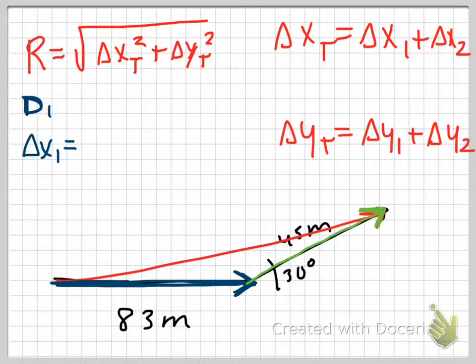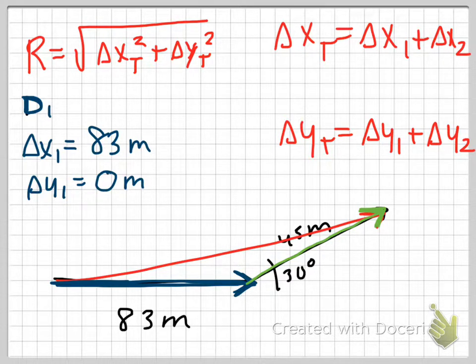What's the x component of that first displacement? 83 meters. What's the delta y1, the y component of that? This is an easy one, guys. 0. There is no y component. It's moving on the horizontal. There is no y component to that motion. Okay, so I've got those set aside.